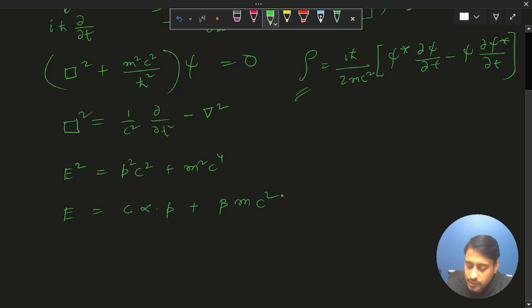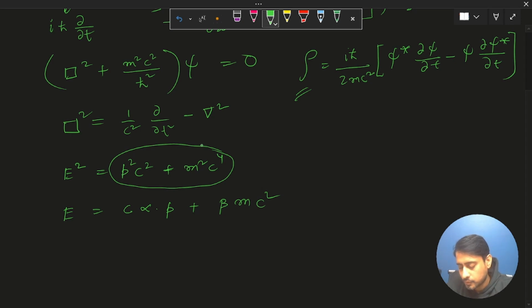So it looks like some kind of square root, but it's not exactly that, because if you take the square root of this term there is no problem, but on the right hand side we have different terms. So taking this square root path from this equation was one of the major contributions of Dirac, which he did by writing this in a matrix formulation where alpha and beta are matrices.